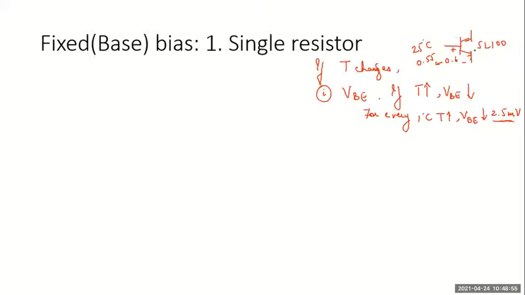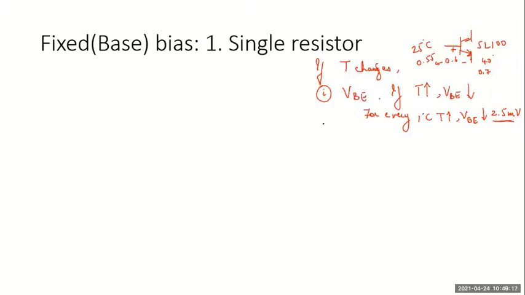And the same transistor, I'm using it in summer when the temperature is 40, its value will become 0.7 or something like that. So just because of seasonal alterations and temperature variations, this VBE of the same transistor will change.